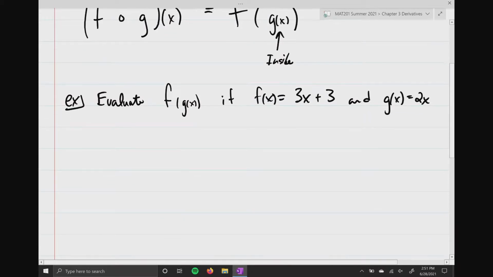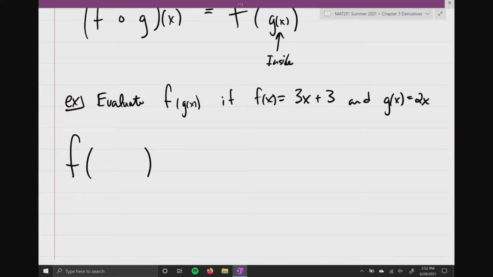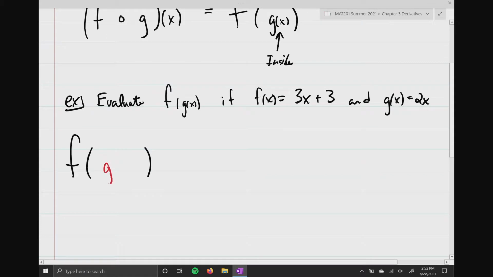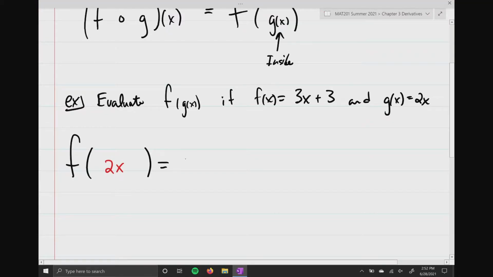So a long time ago, maybe you learned it this way, maybe you didn't, but the way I'm going to do this is I'm going to write f first with a really big set of parentheses, and I know g of x is going to go on the inside. So since g of x is on the inside, instead of writing g of x, we can just write 2x. And my goal is to take that result, 2x, and substitute it into the function f. So I would just put the 2x here, and that would give me 6x plus 3.